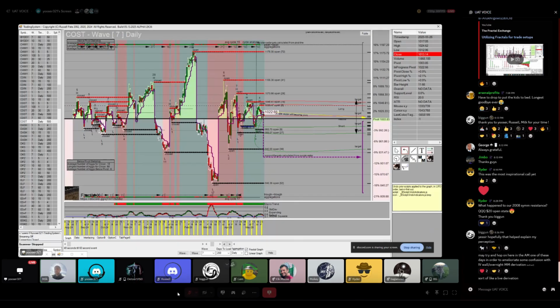And then Big Guns in chat said he may try to hop on here in the AM one of these days in order to ameliorate some of these confusions with the IV walls overnight, sort of like live derivation. He's pretty good on specifics on those IV walls.